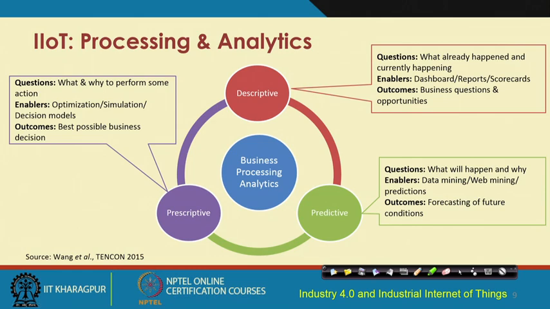So, we talked about processing, we talked about analytics. Some business processing analytics will have to be performed. This business processing analytics could be of three different types. It could be prescriptive, descriptive or predictive.